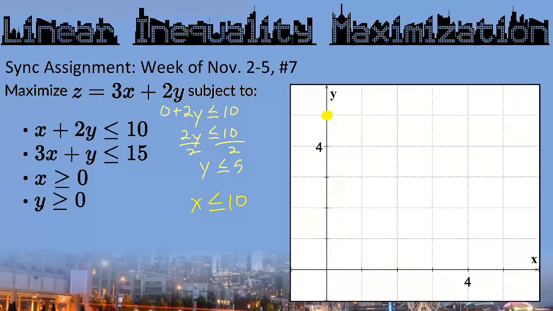So that means I go to the right 2 when I go down 1, to the right 2 when I go down 1, like that. And because this is a less than or equal to, it's a solid line.